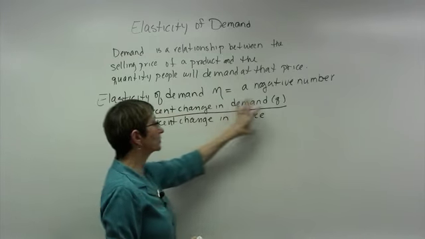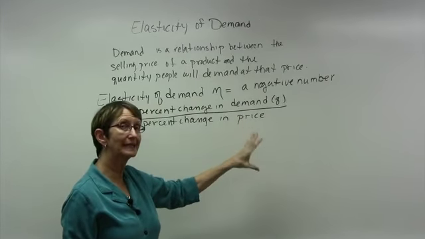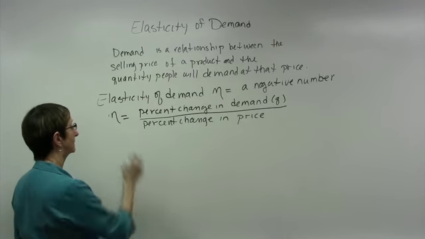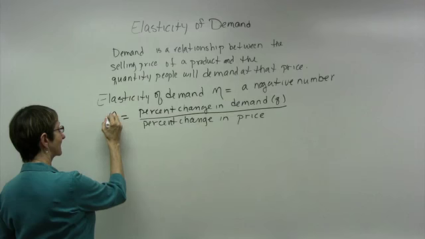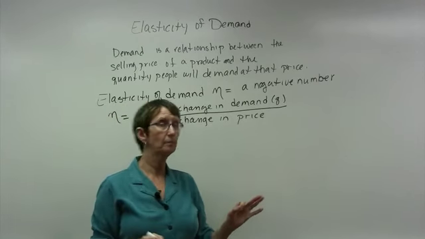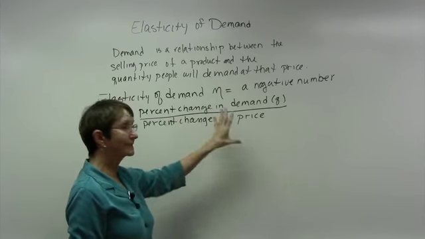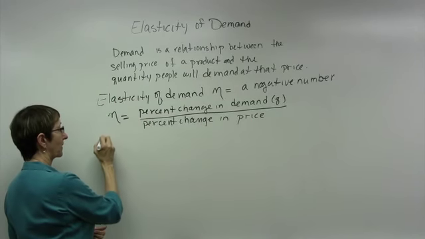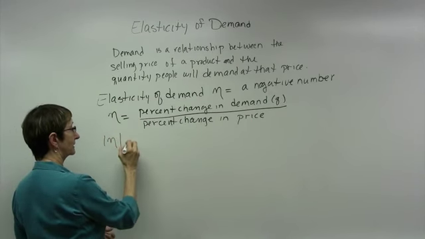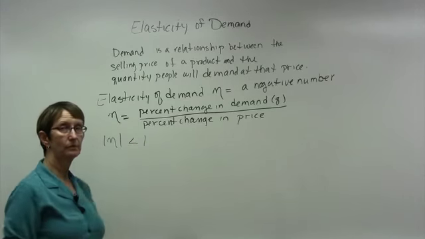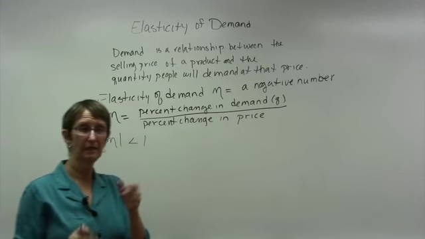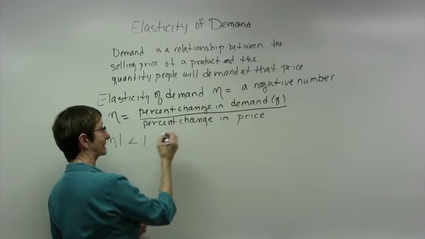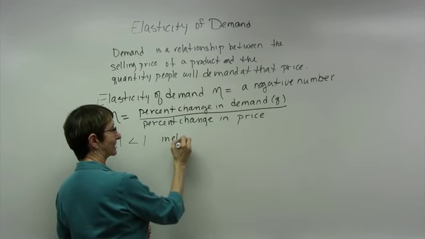So this fraction will always be a number less than 0. It has 3 possibilities. It's always a negative number, but it could be a number so that the absolute value of it is less than 1. So those would be the little fractions. That type of elasticity is called inelastic.